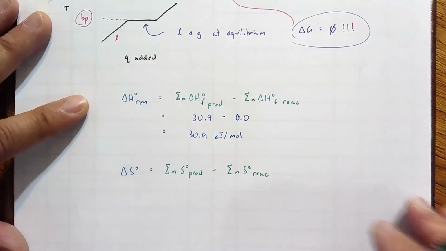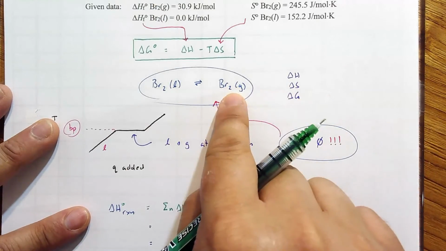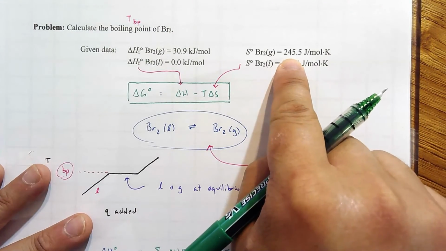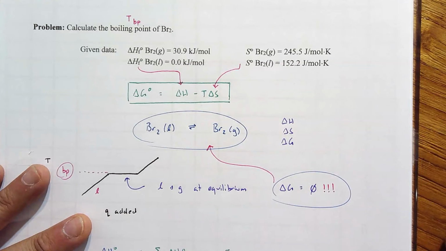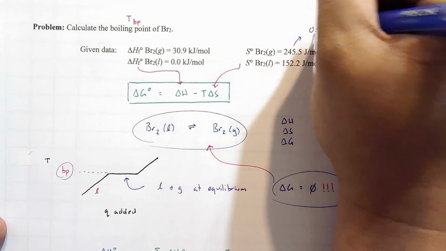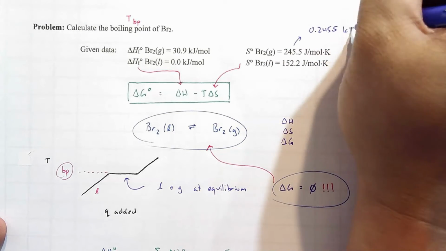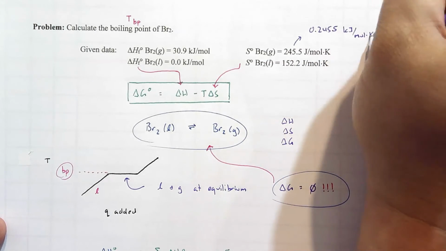But again, we only have one product and one reactant. So you take this number first, 245.5. But right now, I'm going to change this to kilojoules. So it's 0.2455 kilojoules per mole K.